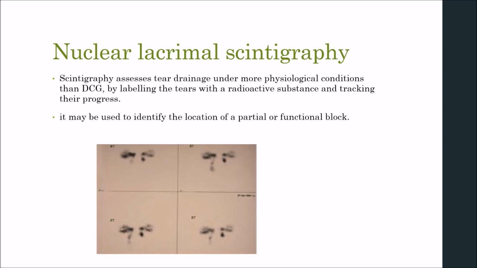Although it does not provide the same detailed anatomical visualization as DCG, it may be used to identify the location of partial or functional block, for example, indicating the absence of significant tear entry to the canaliculi, localizing the site of physiological obstruction to the eyelids to confirm functional obstruction, or sometimes to confirm the presence of normal drainage, such that surgery is not indicated.